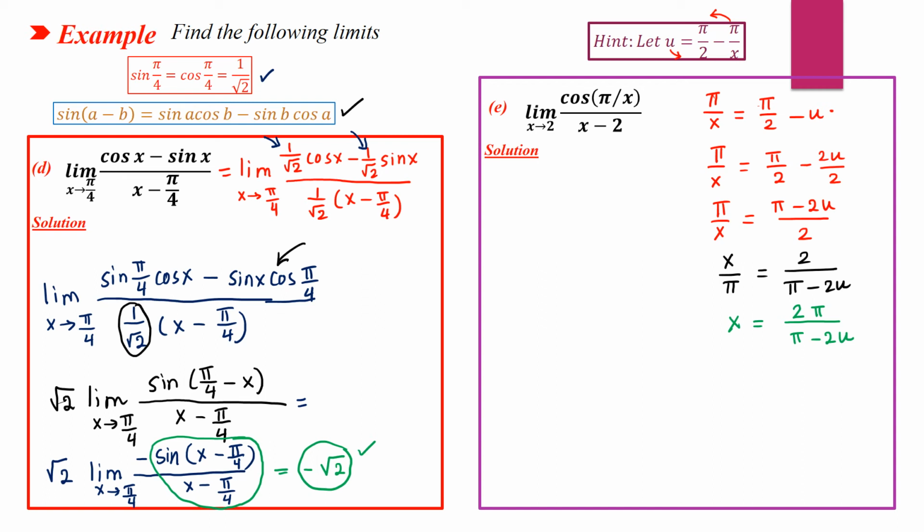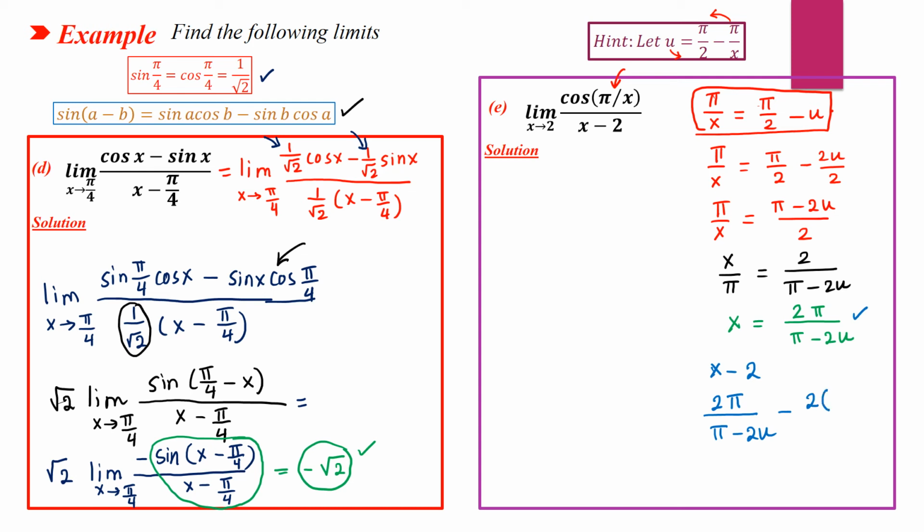Now back to the limit. Inside cosine we have pi over x, so you have to replace pi over x by pi over 2 minus u. Now what about the denominator? We have x minus 2, and x equals 2 pi divided by pi minus 2u, so you have to simplify more. So in the denominator we have x minus 2, and this is the value of x, so we have 2 pi over pi minus 2u, minus 2.